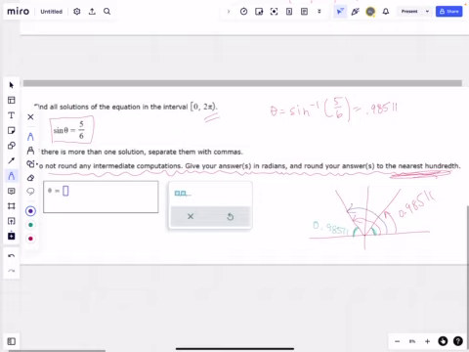Okay, and so we know, though, that that purple angle and that green angle are going to sum to 180 degrees, or in this case, pi radians. So I can just say that that second angle measure, theta 2, is going to equal pi minus 0.98511.